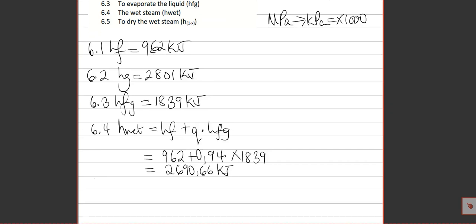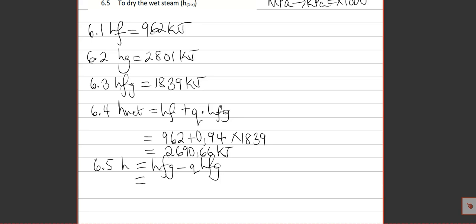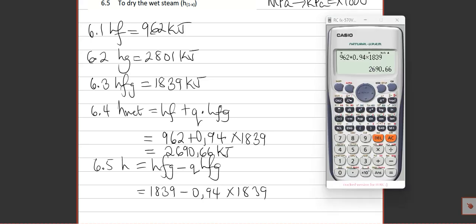So this is 6.5. We're saying H equals HFG minus Q HFG. Our HFG we have 1839 minus Q, 0.94 times 1839.